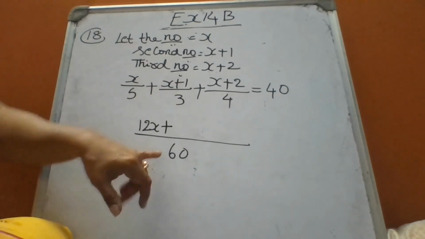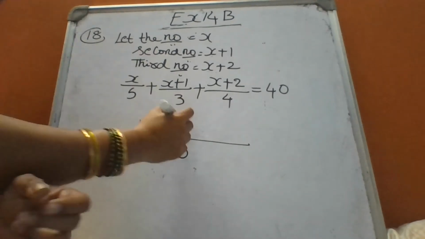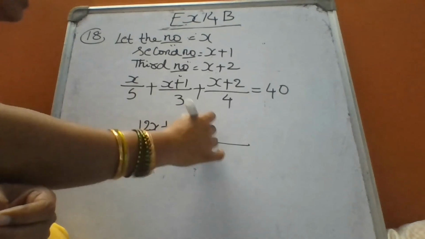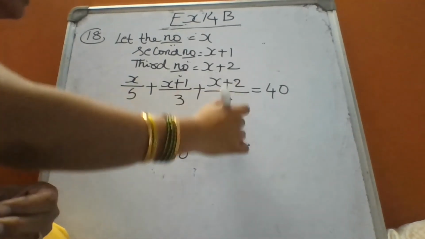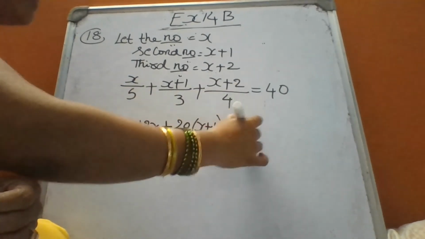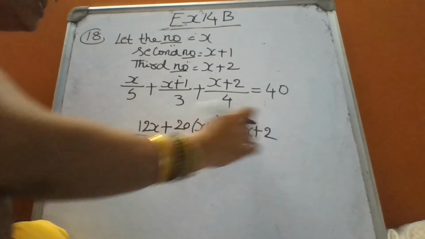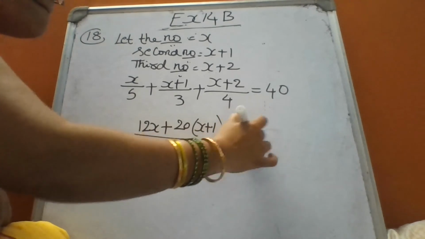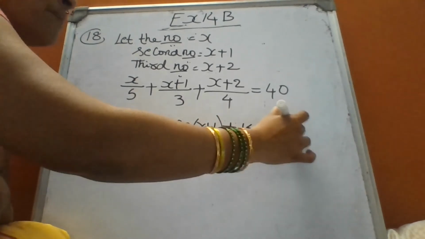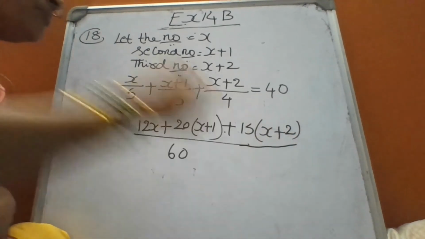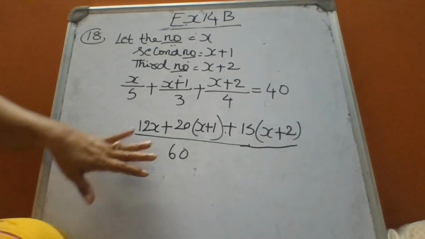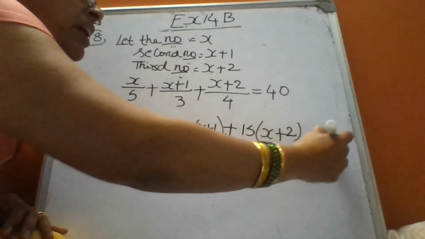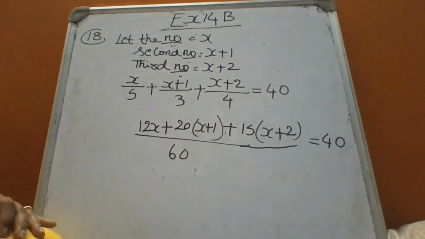The second fraction will be 20 into x plus 1, and this will be 15 into x plus 2. So, by taking the LCM, their sum will be equal to 40.